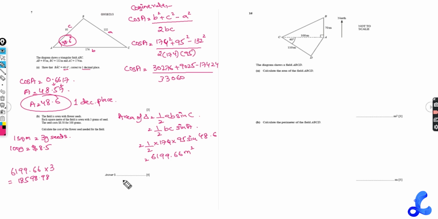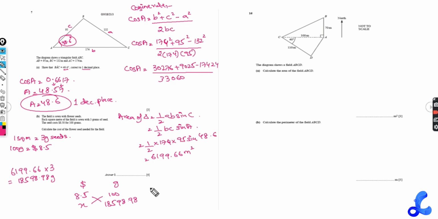Now there's something called the cheat table that I use. Now this is the number of grams, right? Now you have to find out the dollar value. So I'll write dollar on one side and I'll write grams on the other side. $8.5 is for 100 grams. So X dollars would be for 18598.98. All you do is you cross multiply over here.